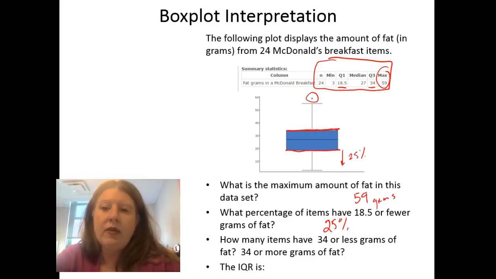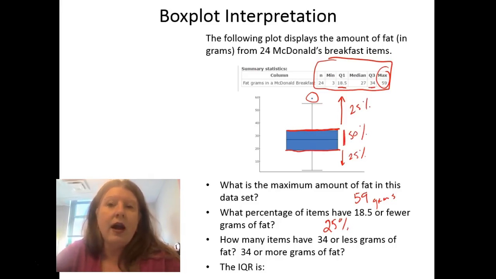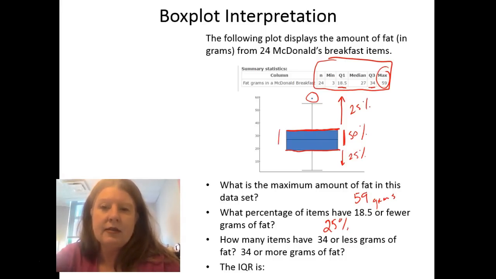Again, above quartile 3, we have 25% of our data. Here we have 50%. So our IQR gives us that middle 50% of the data, so altogether we have 100%. So 75% of our data falls below quartile 3.